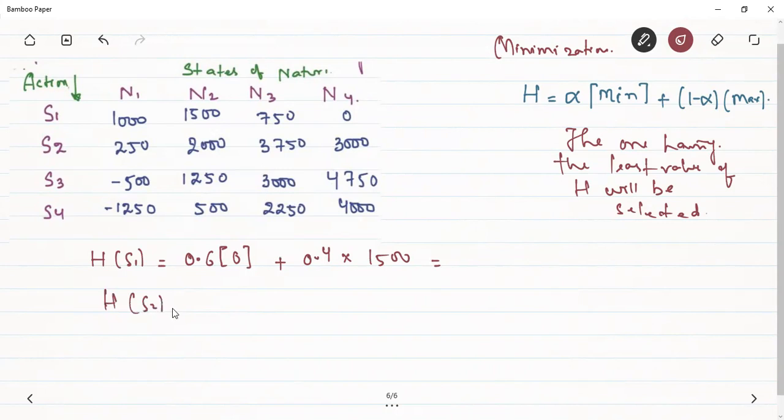The H value for the second course of action will be equal to 0.6 multiplied by the minimum value, that is equal to 250, plus 0.4 multiplied by the maximum value, which is equal to 3750.